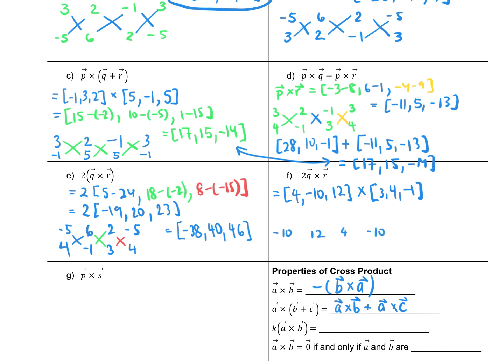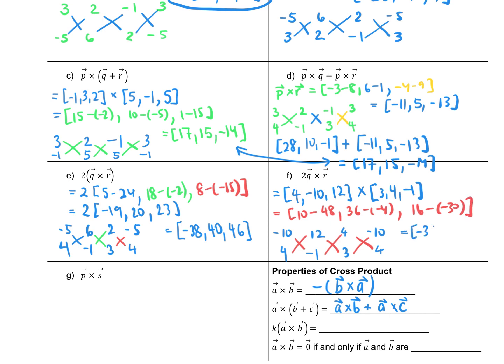Middle term of vector r, 4, negative 1, 3, 4. Let's do the cross product. 10 minus 48, 36 minus negative 4, 16 minus negative 30.